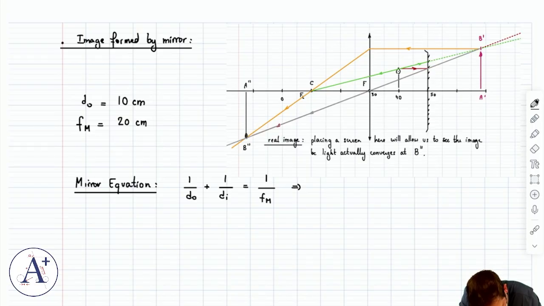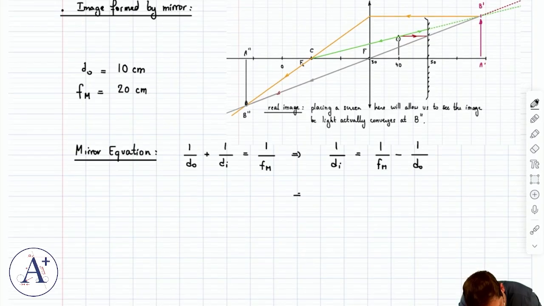Therefore, if I want d image, 1 over d image is equal to 1 over f mirror minus 1 over d object. And if I play the common denominator game, I get a common denominator of d object times fm, so this is going to be d object minus fm.